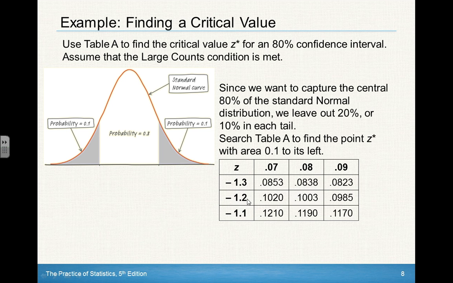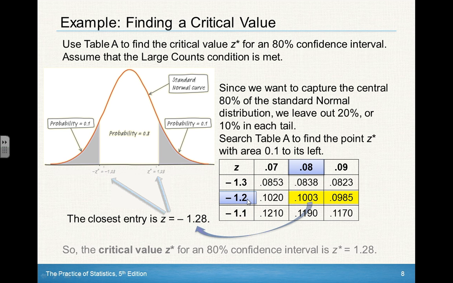So it's close to negative 1.28. It's kind of between those two, but it's closest to that one. So my z is negative 1.28, which means my z star, the magic number that works for 80% intervals, is 1.28. It's probably worth your time to make sure you know how to do that for some other values as well, just to make sure you have the process figured out.